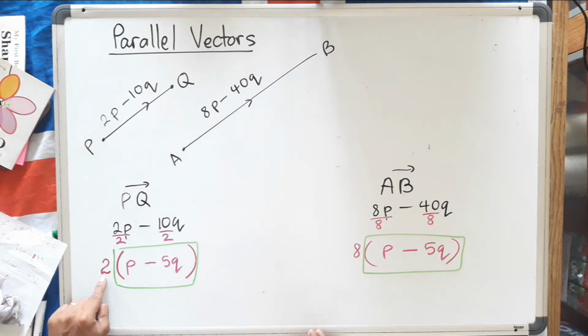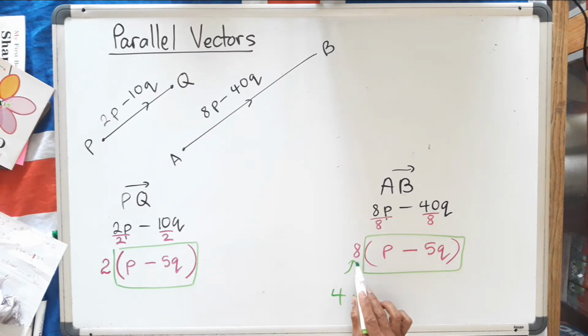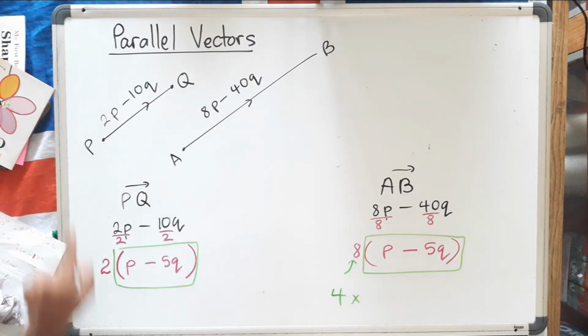The one with the 2 or the one with the 8? It would be the one with the 8. And how many times bigger is it? It would be 4 times bigger, because 8 is 4 times bigger than 2. So not only did we learn that they are parallel, but this one is the longer one and it's 4 times longer than PQ.